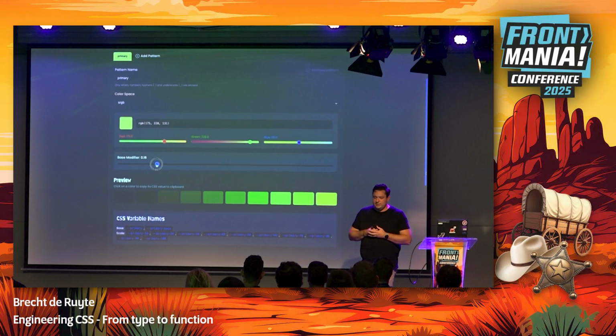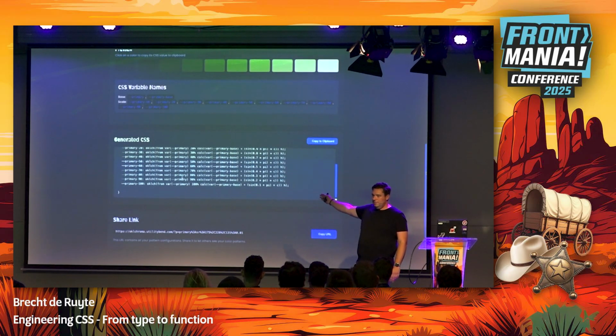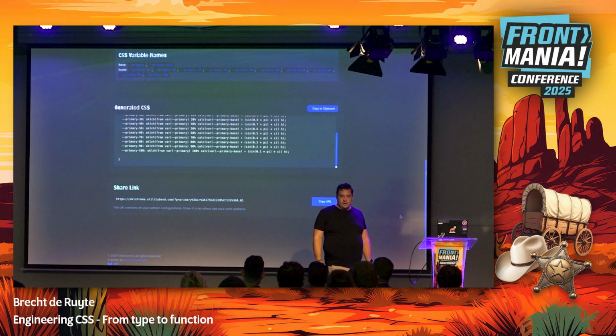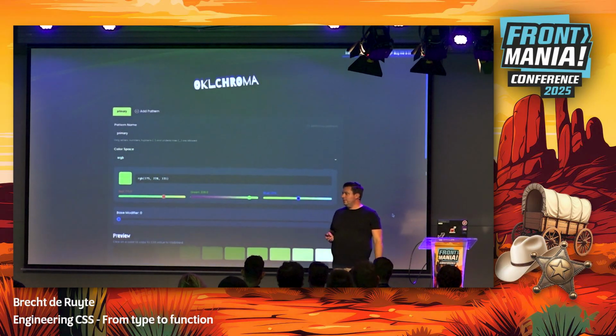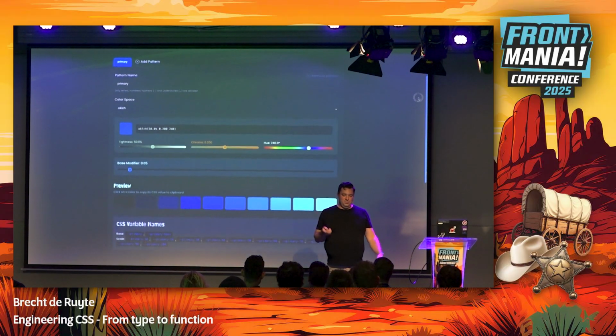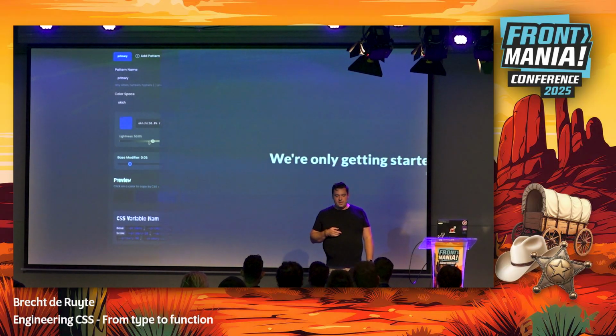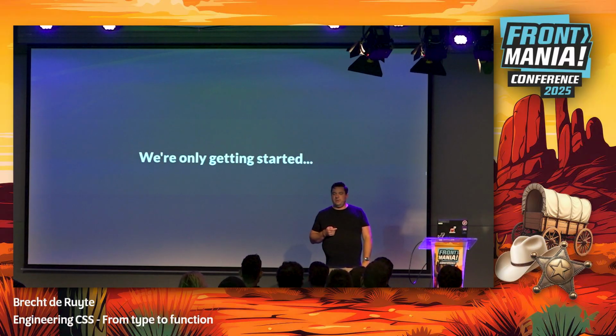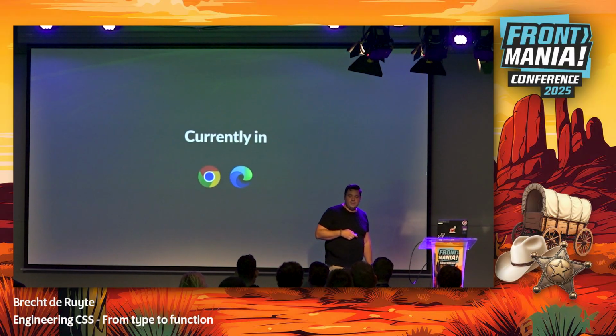I love playing around with sliders. And that way you create this one little input color pattern, and you can just copy the CSS right there. And that's pretty much all you need. Thought it was a nice thing to make a tool out of. Totally worth it. But we are only getting started when it comes to functions.